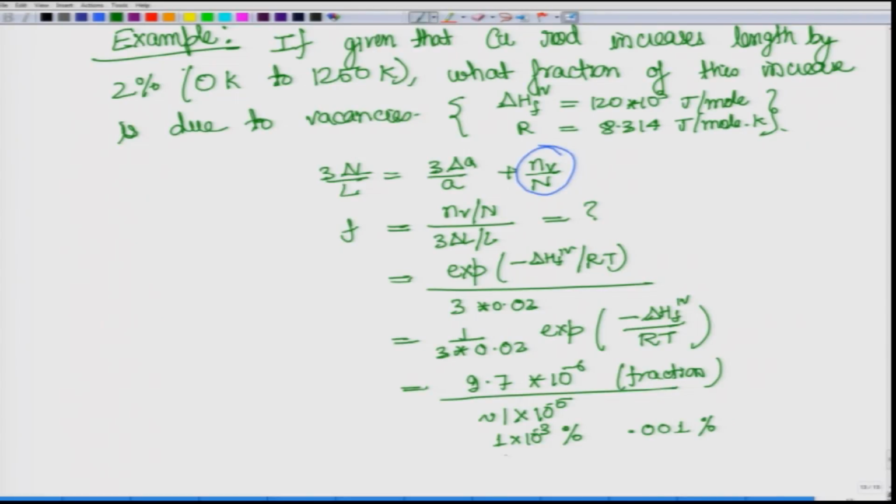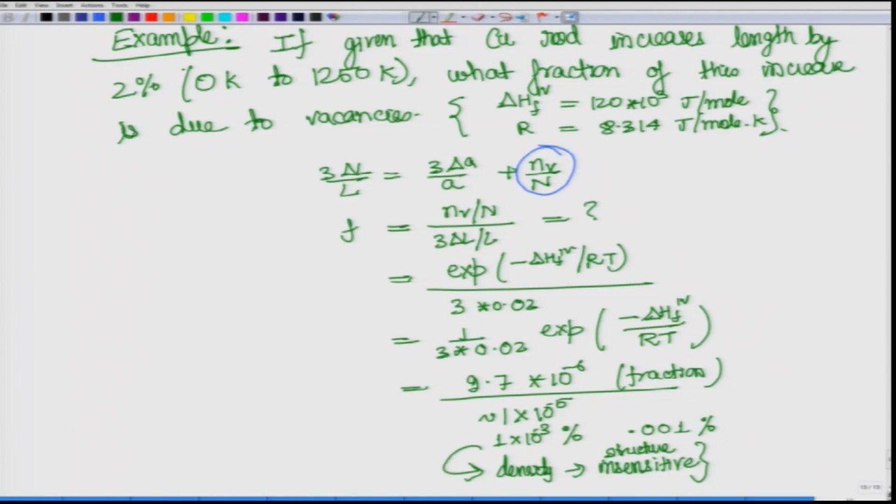Now, this is what we can relate back to when we said that density is a structure insensitive parameter. Because you can see that even very close to the melting point, vacancies are not contributing much to the volume, which means the density would really not change because of the equilibrium concentration of vacancies.